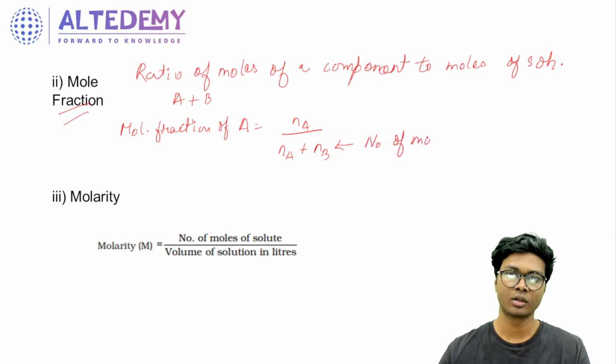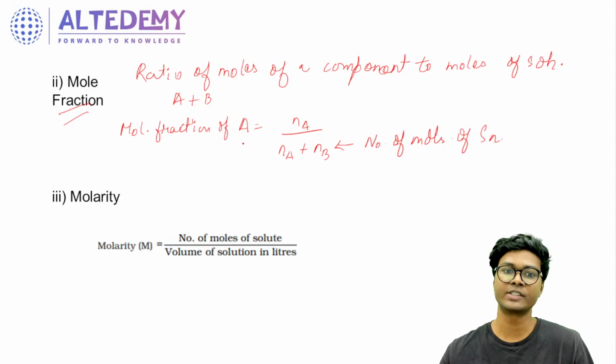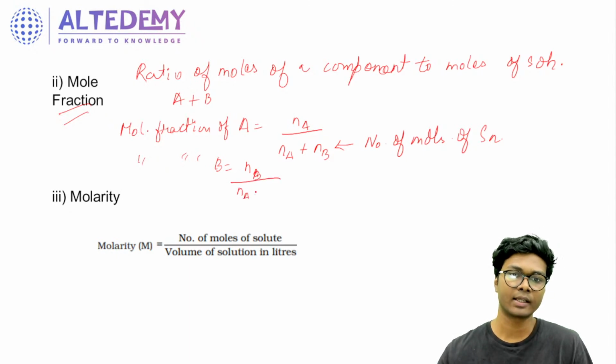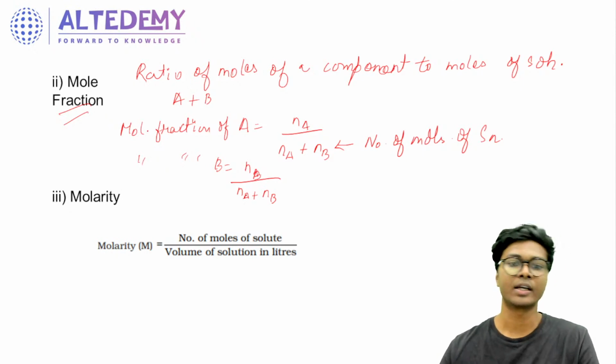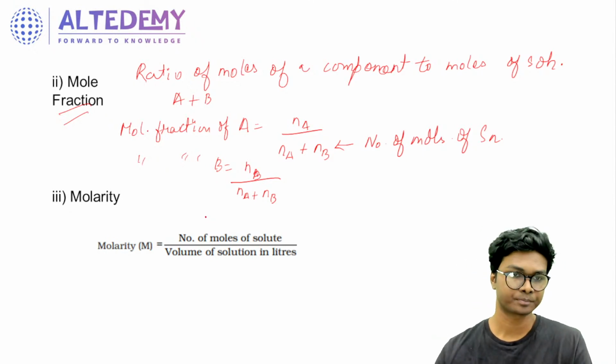Similarly, if we have to find the mole fraction of B, the formula will be Nb by Na plus Nb. So the number of moles of substance B divided by the number of moles of the solution is the mole fraction of B. Got it?